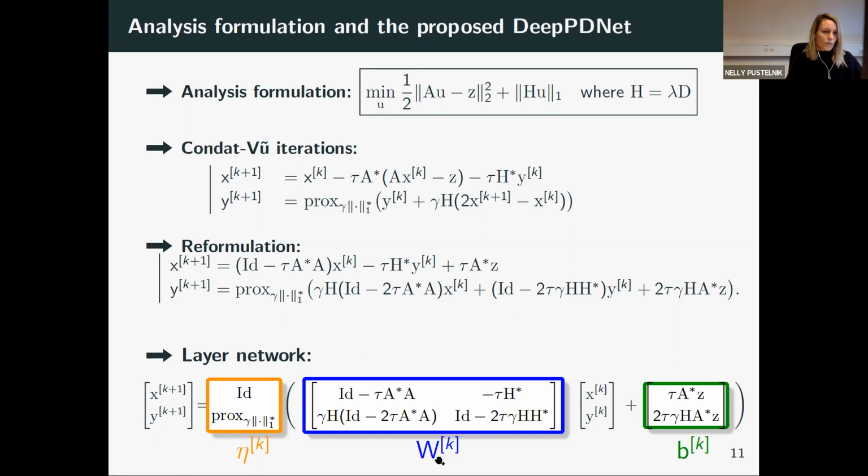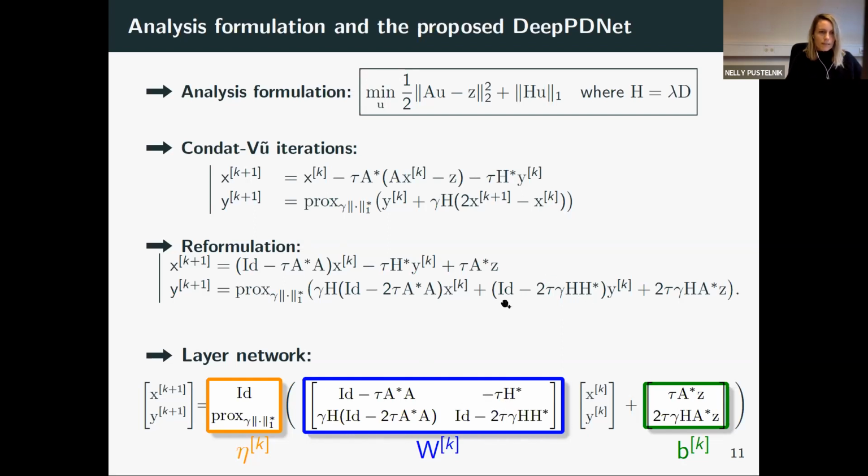By doing this reformulation, you see that you can express one iteration of the Condat-Vũ iteration as one layer of the network, where W_k is identity minus tau A star A due to that here. The second component of your matrix W_k is minus tau H star. This component is tau H (identity minus 2 tau A star A) here. And this term comes from this one.